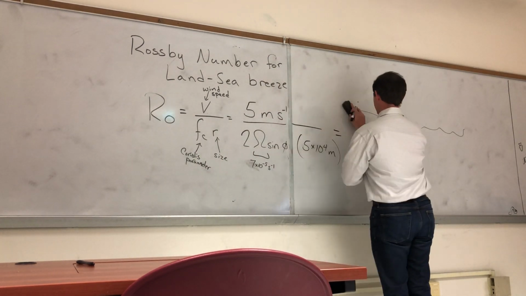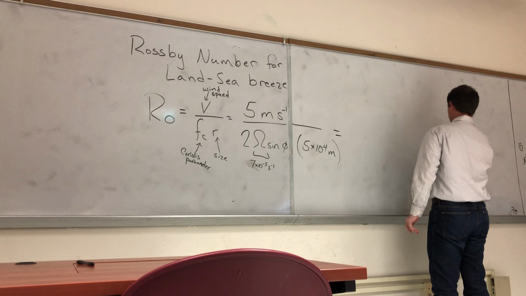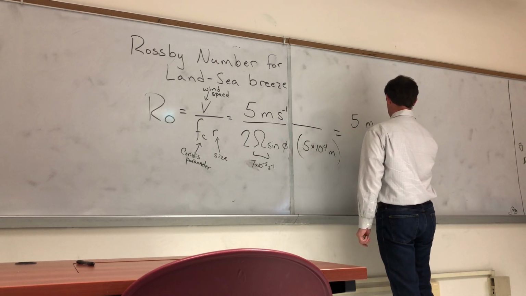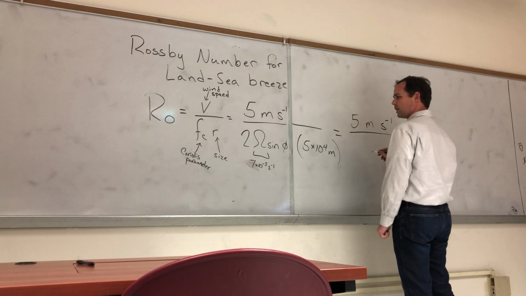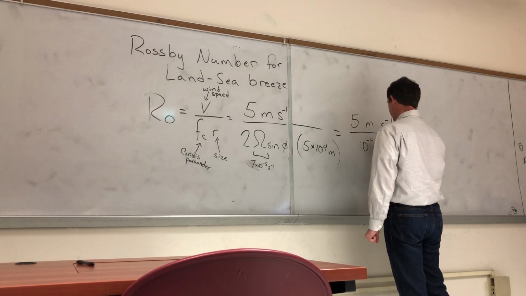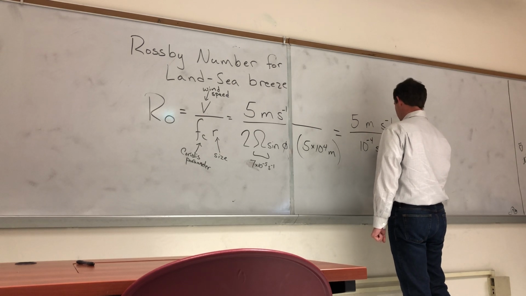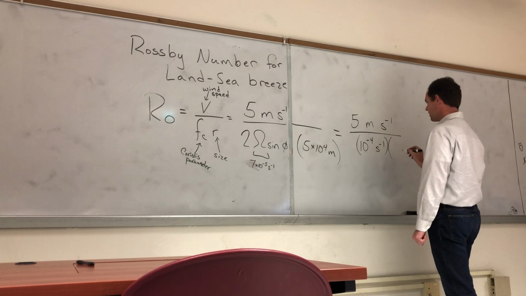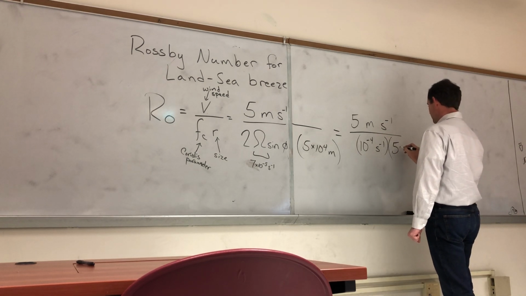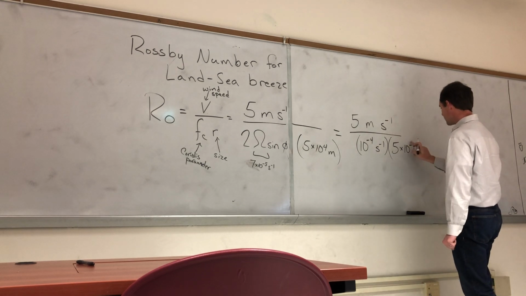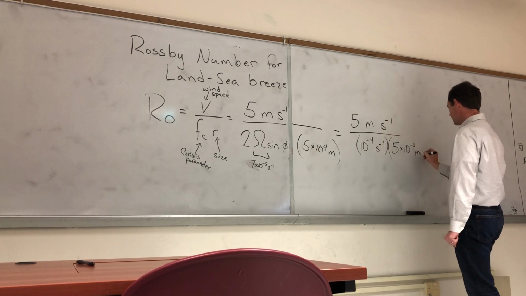Just to write down the values that we're using, I'm going to make it easy for myself and say 10 to the minus 4 for the Coriolis parameter, and 5 times 10 to the 4 meters.